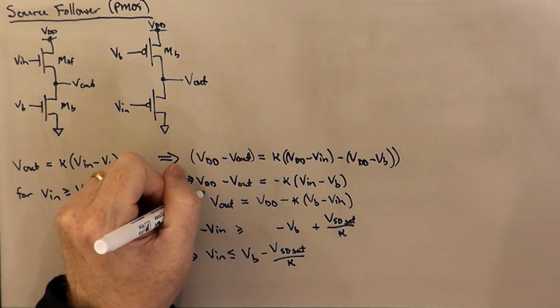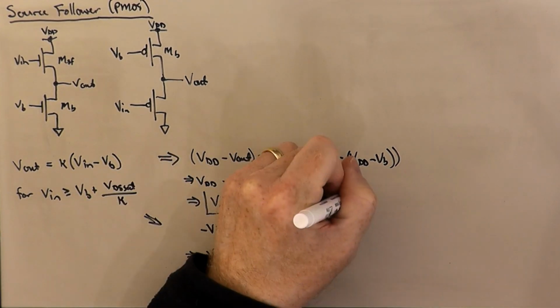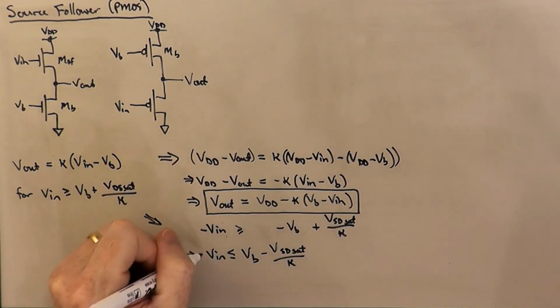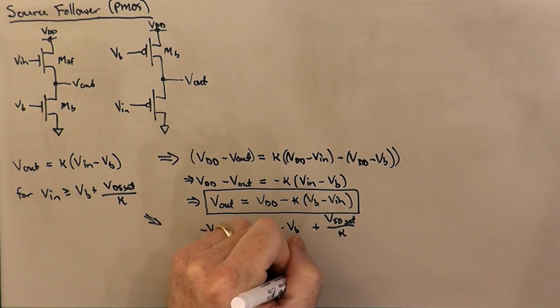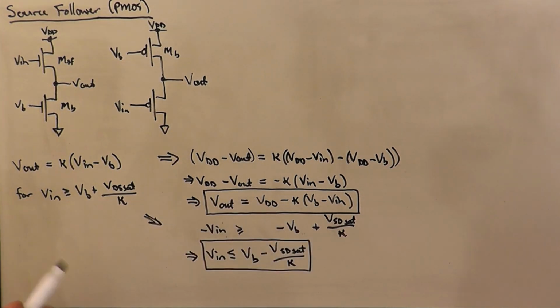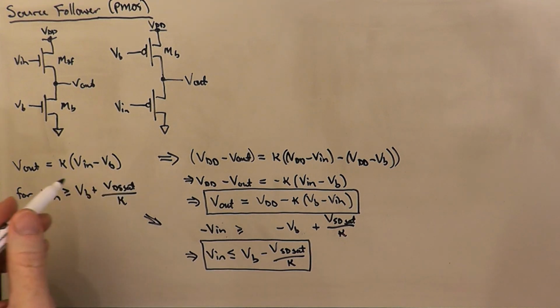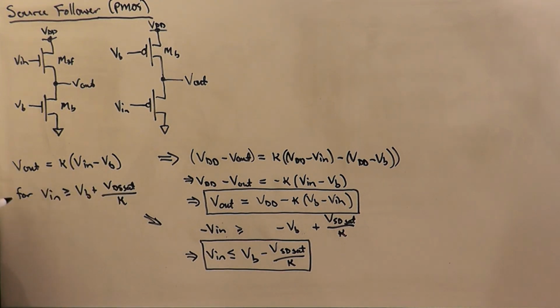So here we have our PMOS model, and here we have the condition for its validity, just mapped directly from the analogous NMOS characteristics.